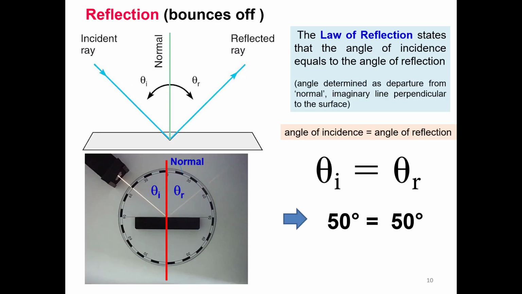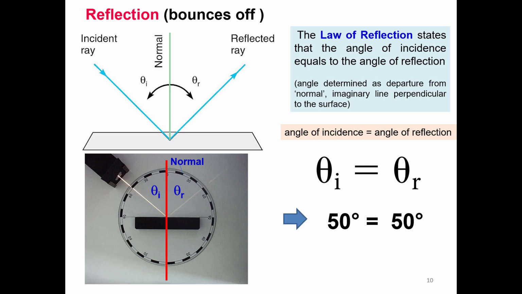Now I want to focus on the phenomena associated with light. Remember we discussed the phenomena associated with sound. Now we want to discuss similar phenomena, but in this case associated with light.